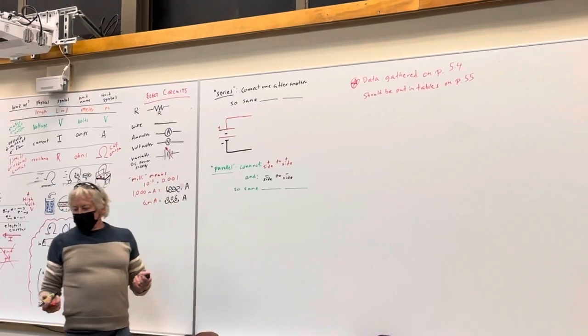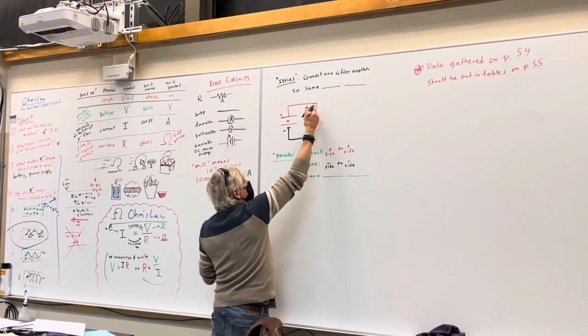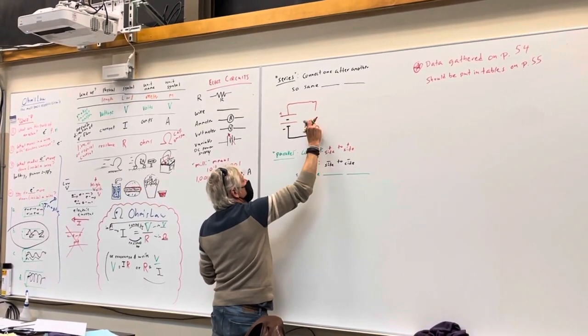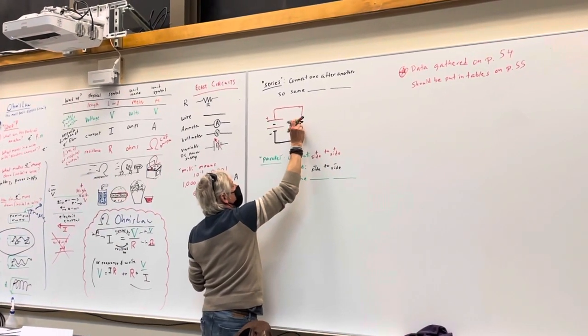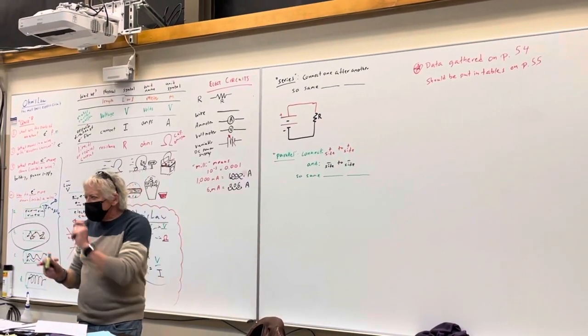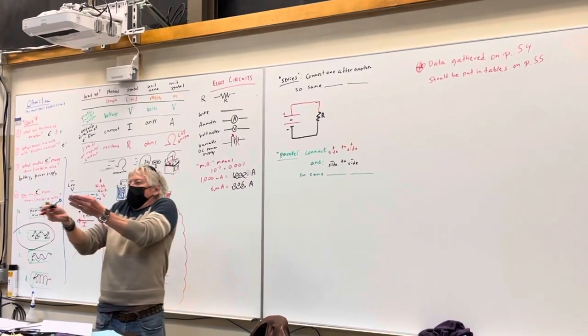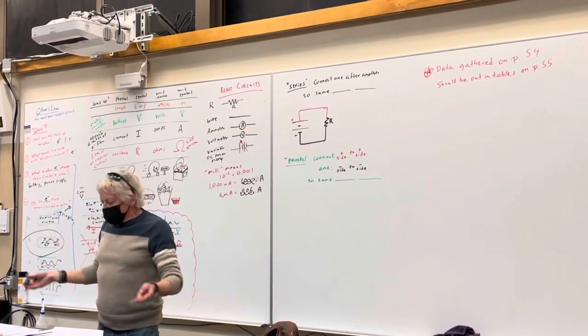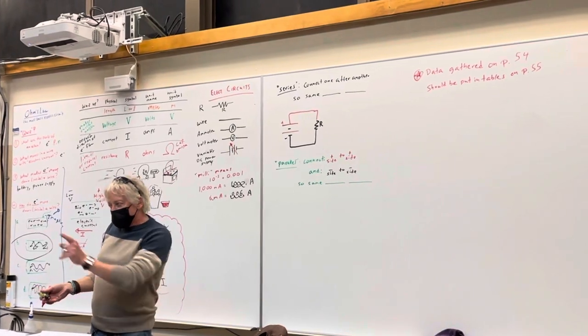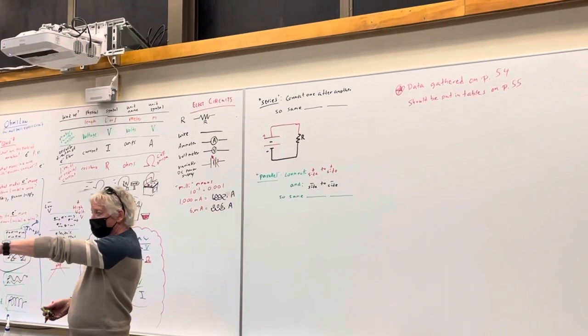Okay, so I'm going to go like this. There's a resistor, that little piece. But I want to know how much current. This is going to be hard for you, so we're going to have to help you. You have to translate this into these wires.